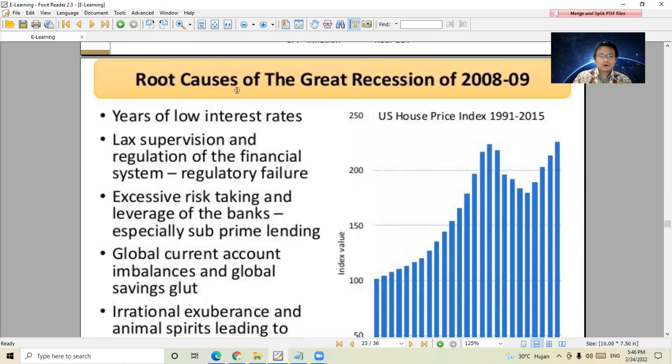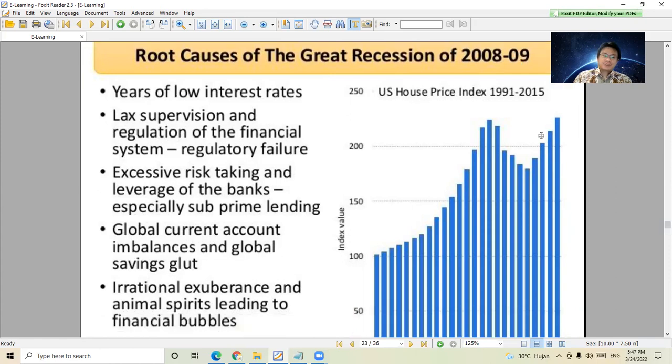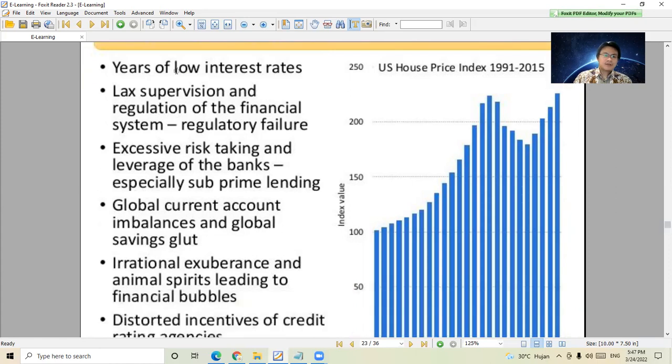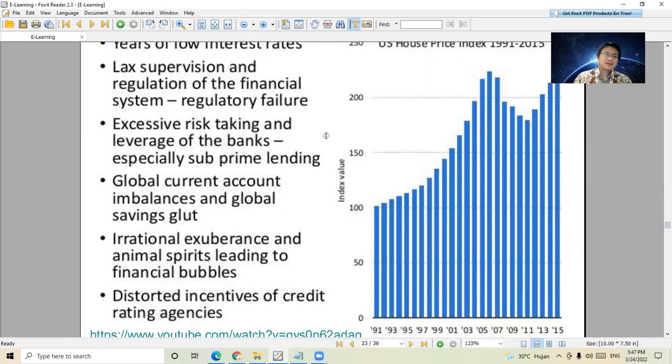These are the root causes of what they call the Great Recession of 2008 to 2009, due to the housing bubble issues. Very low interest rates made a lot of people buy houses.